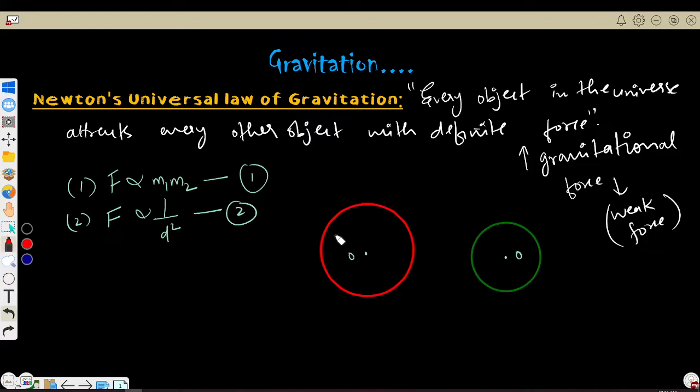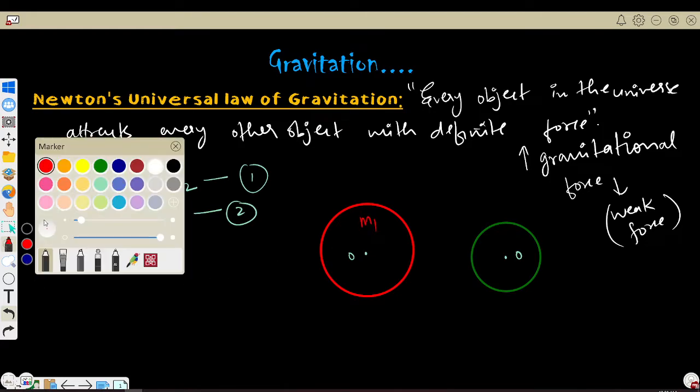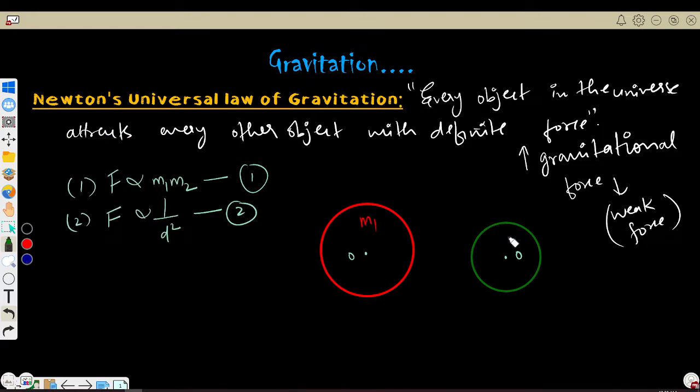So for now, we will take an example. I have considered two spherical objects. I say that the mass of the first object is m1 and mass of the second object is m2. We just assume this, that the masses are m1 and m2, and in this diagram I have marked the centers of the two interacting bodies. Now look at this.